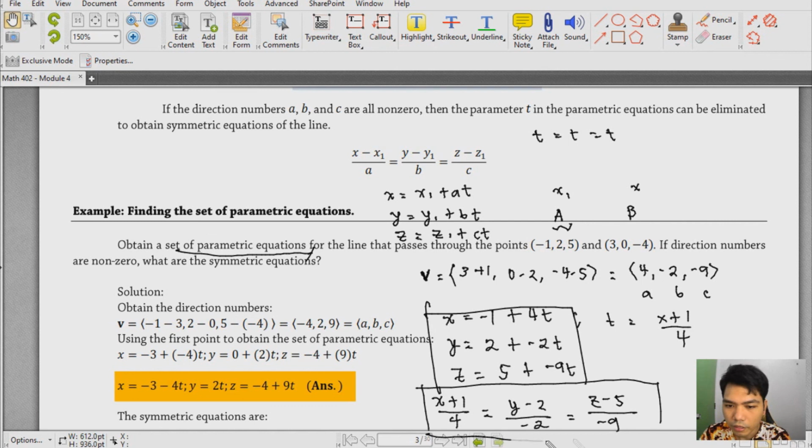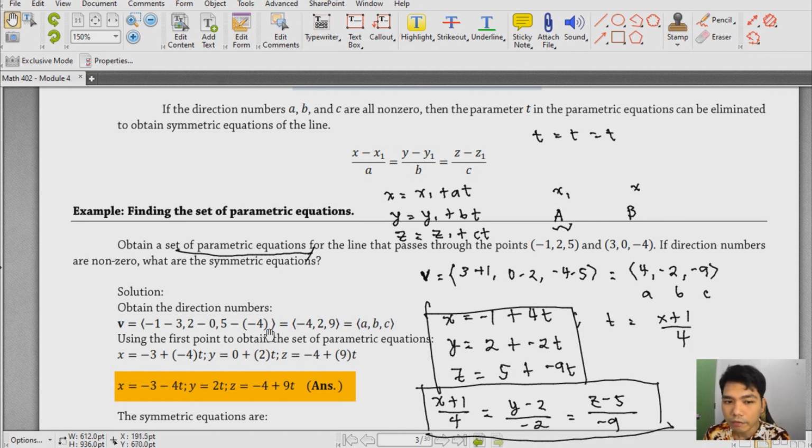So you might be thinking, bakit iba tong sagot ko dito sa nasa solution na nandito? So ito binago ko na rin to ha. So itong solution na to, lagi kang pwede makakuha ng dalawang solution sa parametric equations. Whichever is your reference point. Kasi kung halimbawa, A ang reference mo, so therefore, ang x sub 1, y sub 1, and z sub 1 mo is mababago.